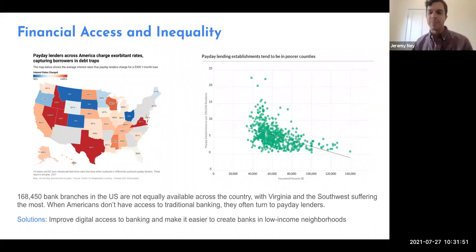And then the second solution is making it easier to create banks in low-income neighborhoods. That's again using those NMTCs, those new market tax credits, to ensure that it's easier for banks to show up in regions, particularly when older populations prefer to develop trust in those physical branches.